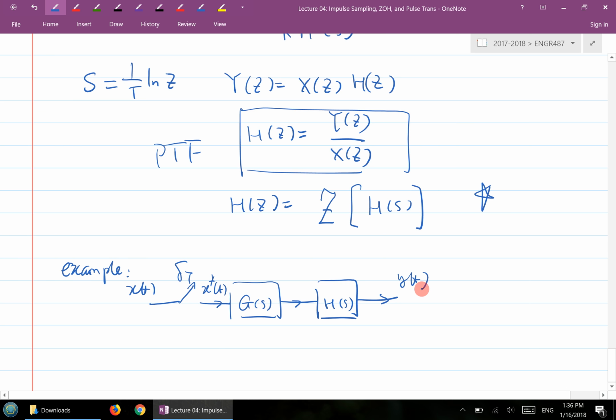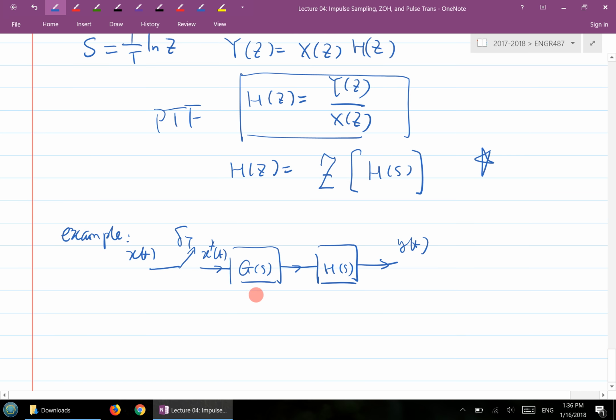Slightly basically means instead of just one h of s, I inserted an additional block, which is g of s here. So the two blocks are connected in series. Let's ask the same question: what is the pulse transfer function between y of z and x of z?